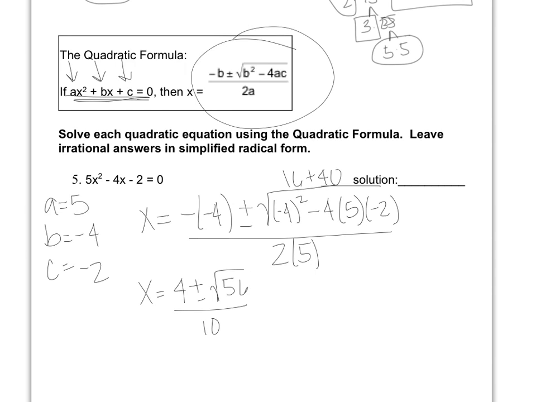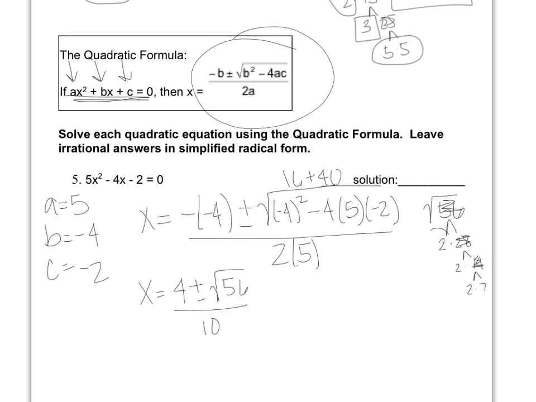Okay, so from here, we need to simplify the radical, so that's the square root of 56, like what we were just doing at the top. So I'm going to come over on the side and use a factor tree. That would be 2 times 28, 2 times 14, and 2 times 7.